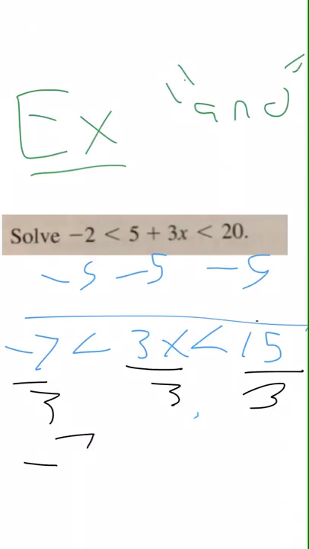That tells you that -7/3 is less than x, and x is less than 5. See, if -7/3 is less than x, that means x must be greater than the left number and less than the number on the right.